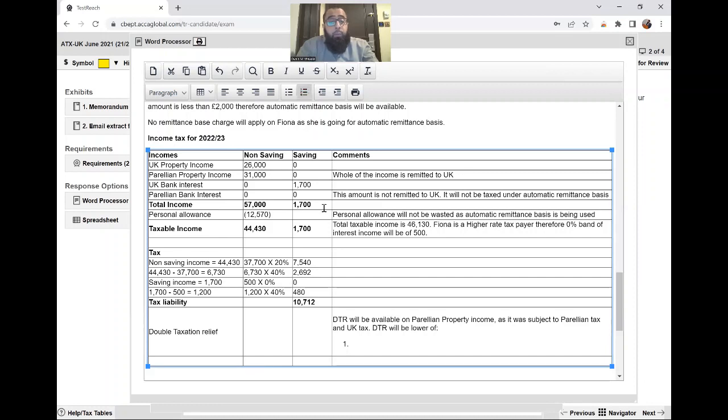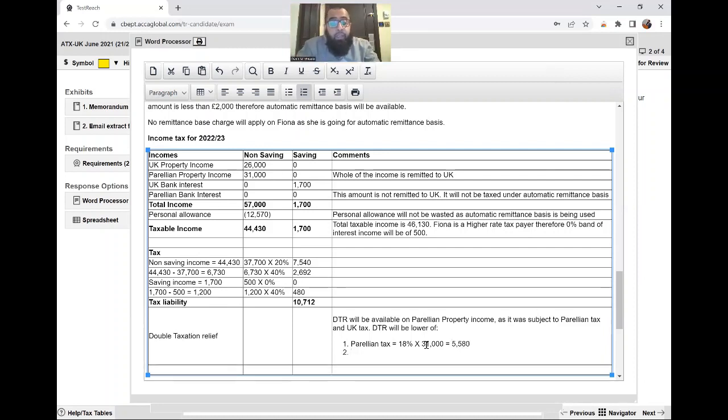Kerala tax, which is 18% of 31,000. 31,000 into 18%. So it's 5,580. And the second one will be UK tax on Kerala property income. Now we need to calculate it.